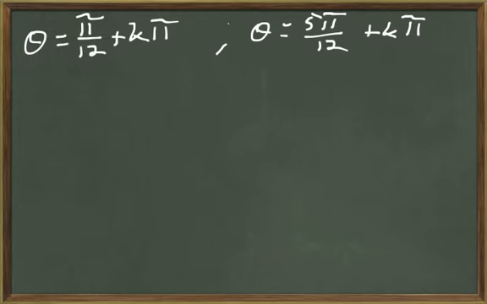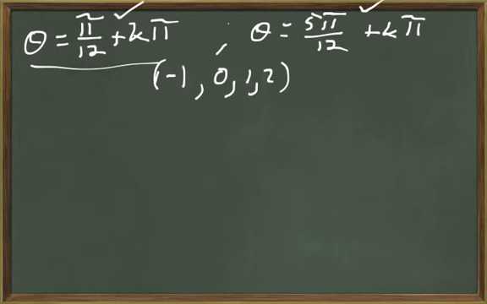To give us 8, I'm going to plug in -1, 0, 1, and 2. Because there's 4 here, I plug in 4 to this guy and 4 to that guy, which 4 and 4 is 8. So if I plug in the -1 to this guy, I end up with -11 pi over 12.